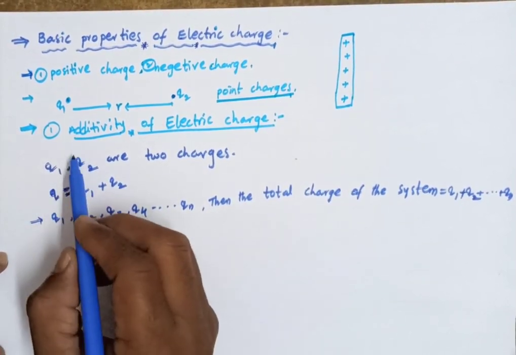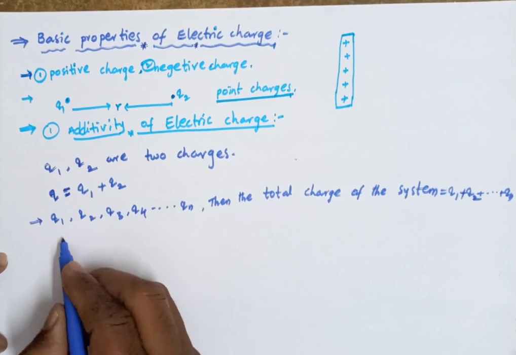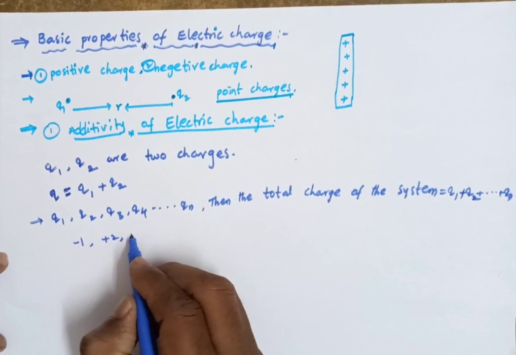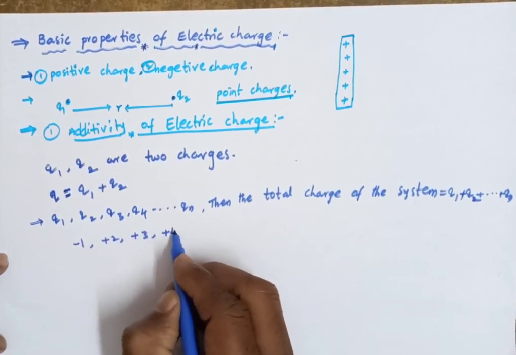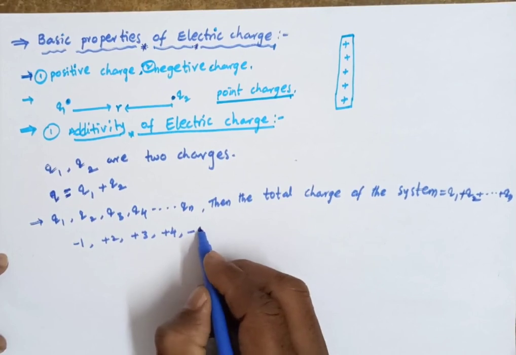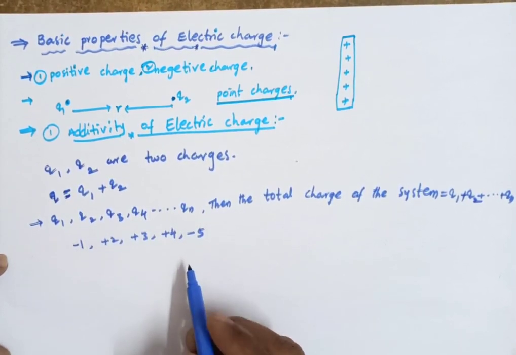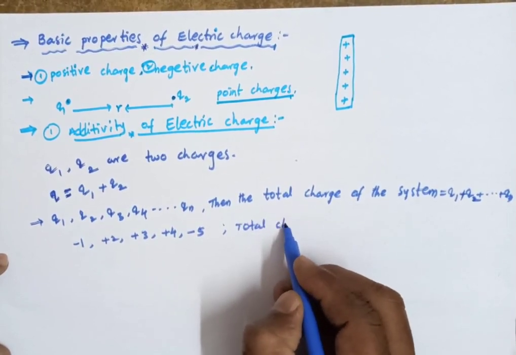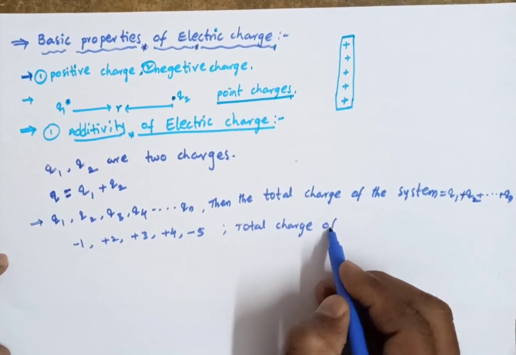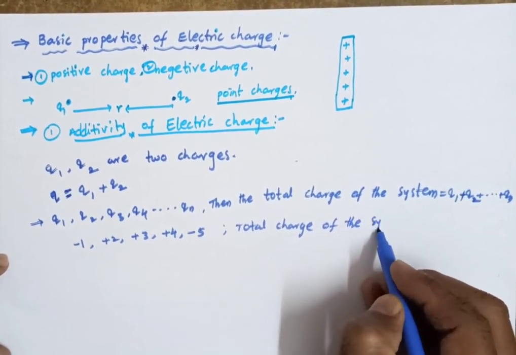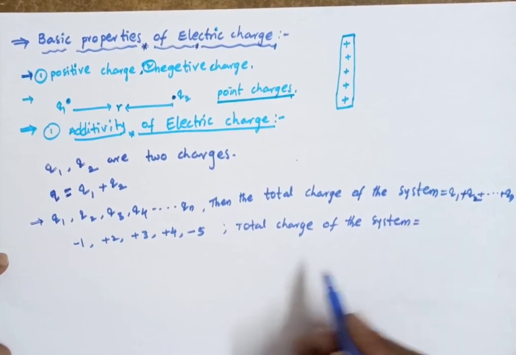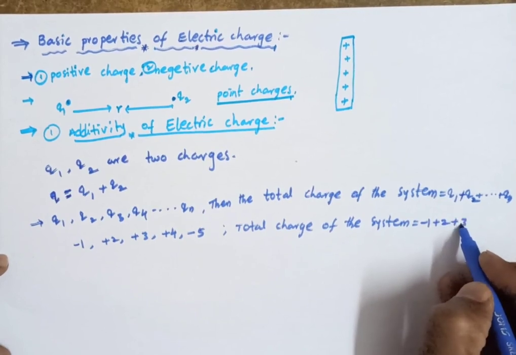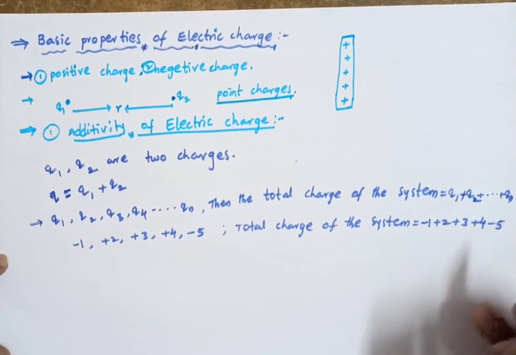For example, one charge is -1, plus 2, plus 3, plus 4, and -5. So these are 5 charges. What is the total charge of the system? Total charge equals -1 plus 2 plus 3 plus 4 minus 5.